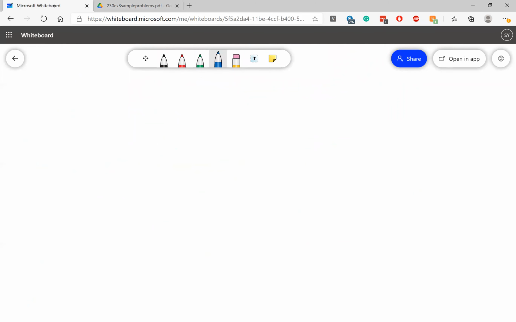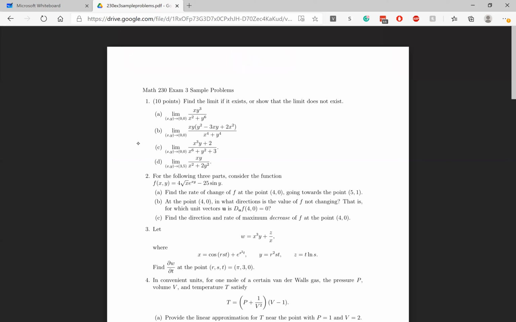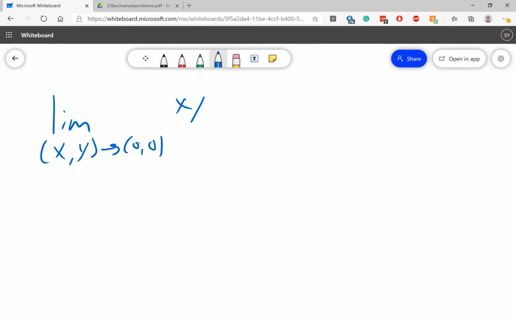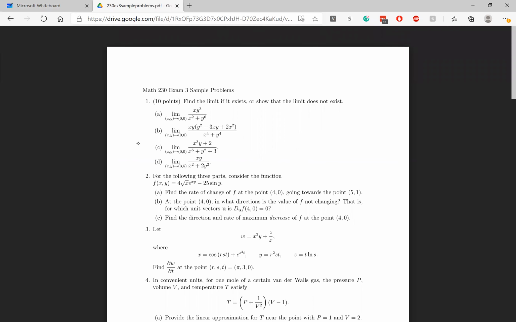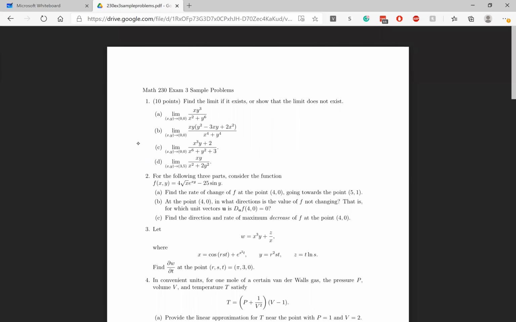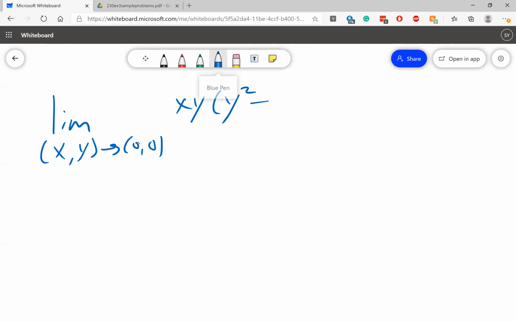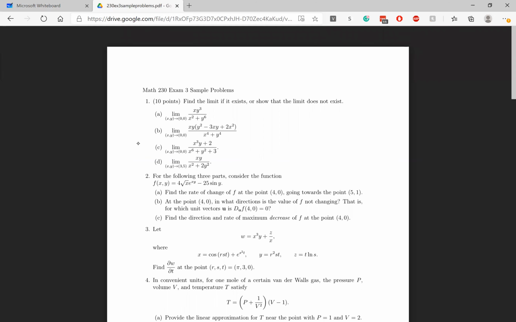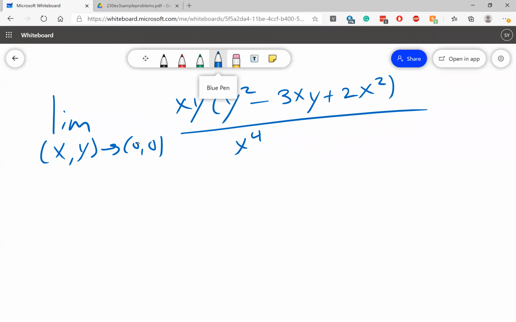The question is find the limit, if it exists, as x, y goes to 0, 0 of xy times y squared minus 3xy plus 2x squared over x to the fourth plus y to the fourth.